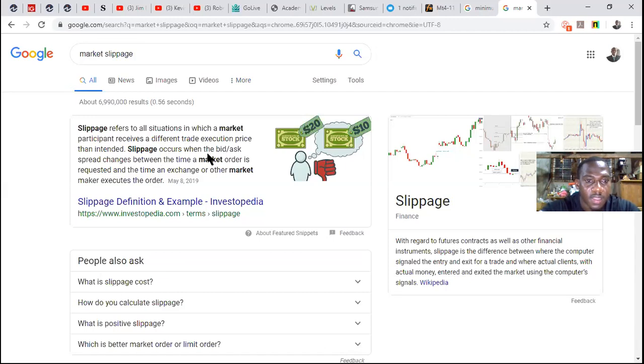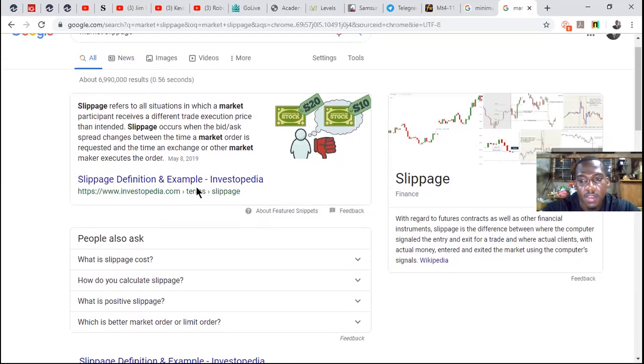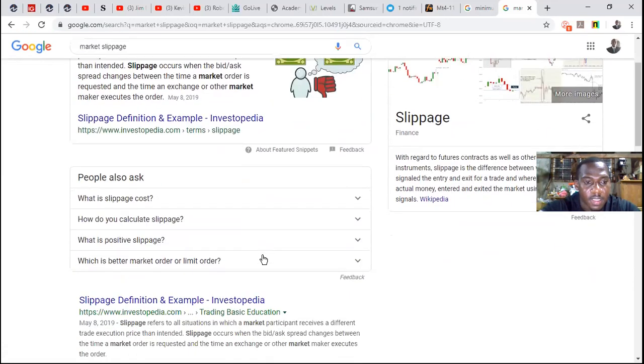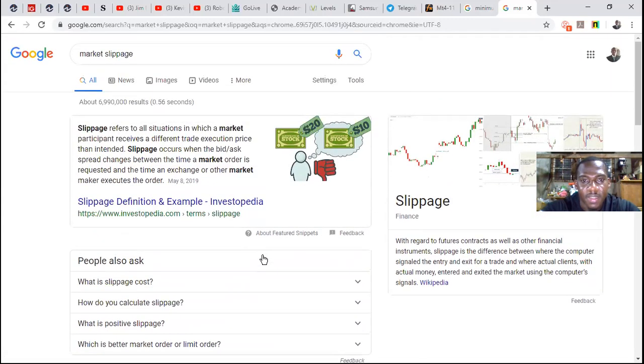Slippage occurs when the bid-ask spread changes between the time a market order is requested and the time an exchange or other market maker executes the order, right? So the time that you execute your trade versus the time your broker actually gets to execute the order on your behalf, basically. All right, so that is basically market slippage. It doesn't happen too often, so it's nothing to be frightened of, right?